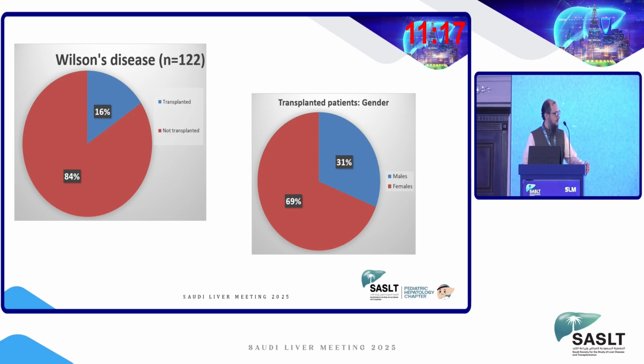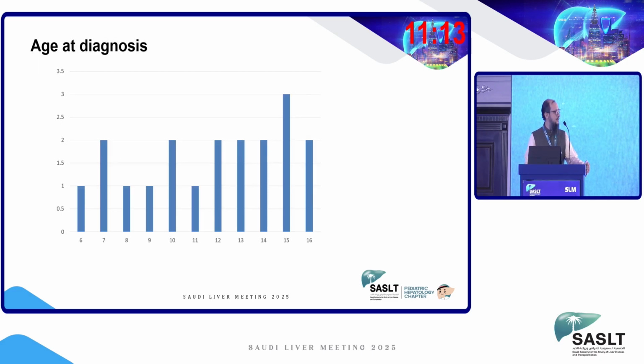Out of these 19 patients, predominantly we had females, which accounted for almost 70% of the children. Now, concentrating on the children who underwent liver transplantation, on the x-axis we have the ages, and on the y-axis we have the number of patients who underwent liver transplantation.